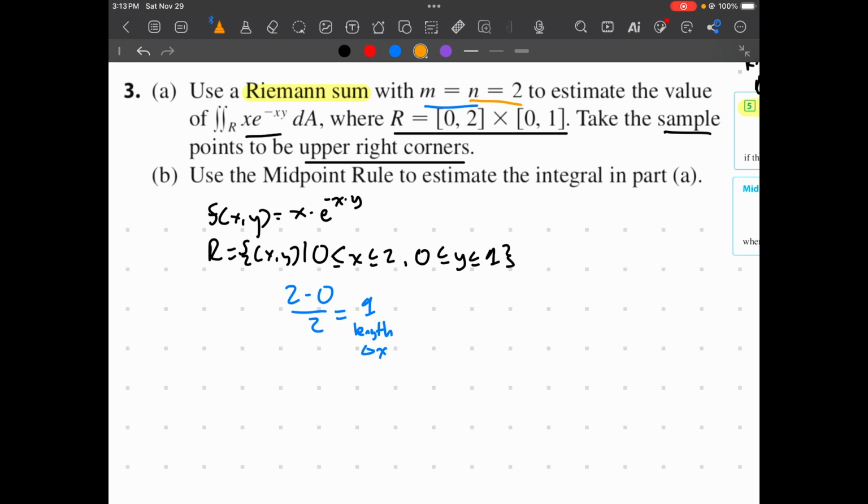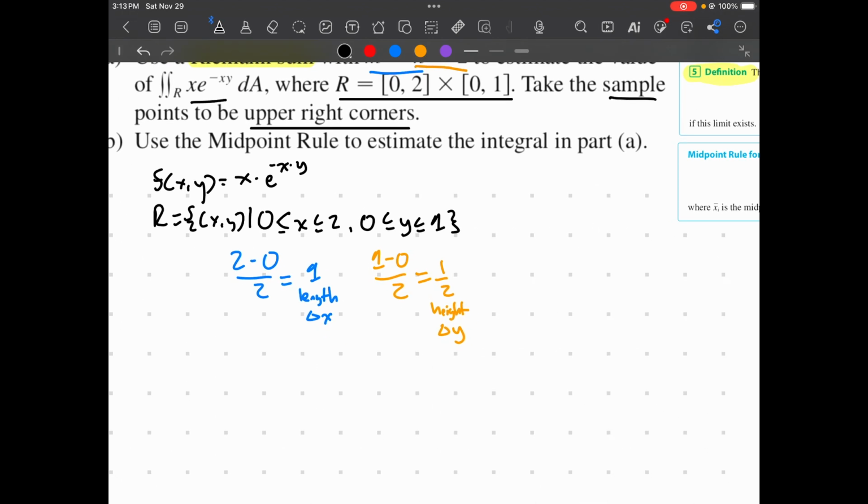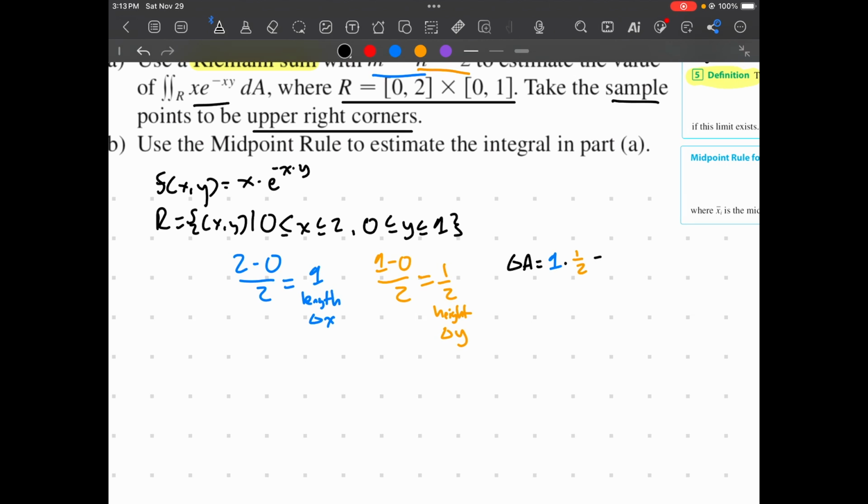For y, I'll do 1 minus 0 over 2 is equal to 1/2. This is our height, or delta y. And now we can find the area of each rectangle to be 1 times 1/2, which is just equal to 1/2.